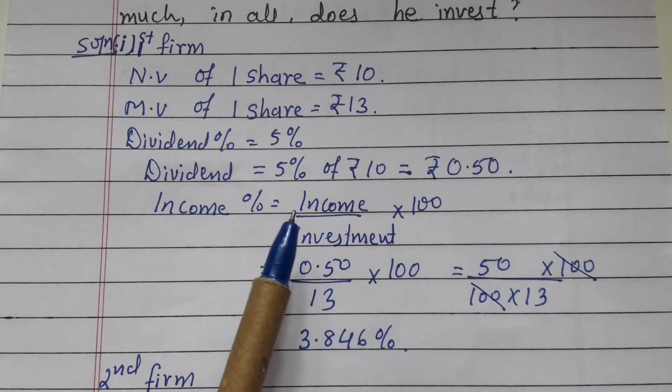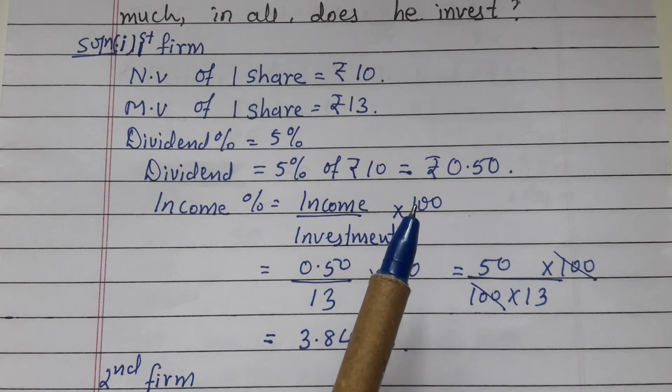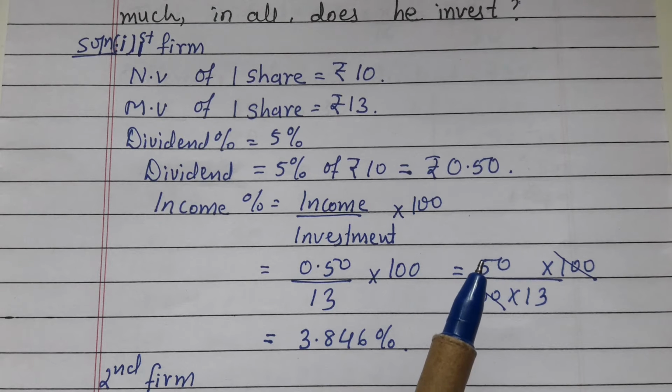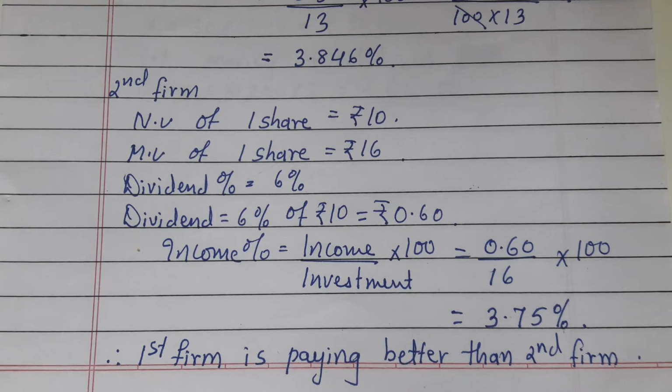Income percent is equal to income upon investment into 100. 50 paise upon 13 into 100, that is equal to 50 upon 13, equal to 3.846%.